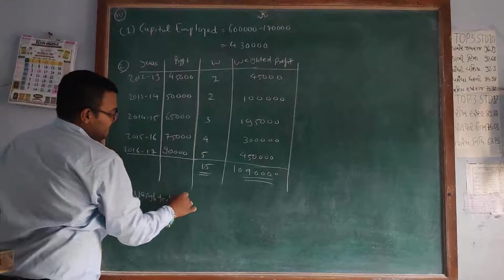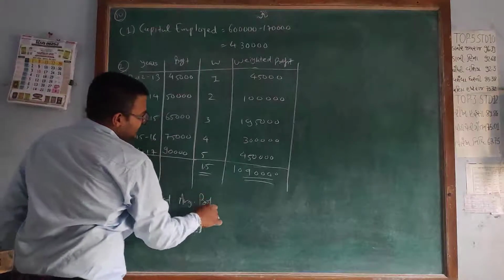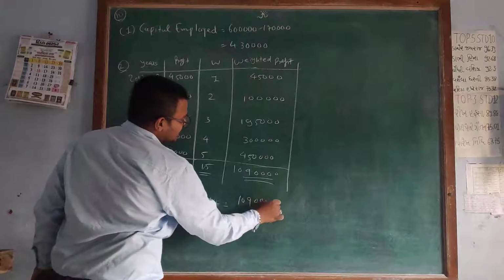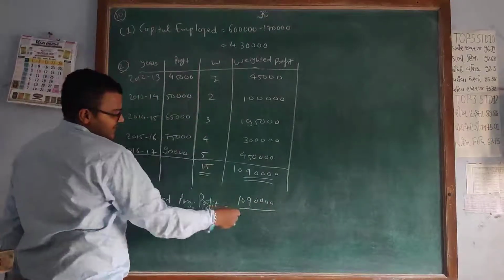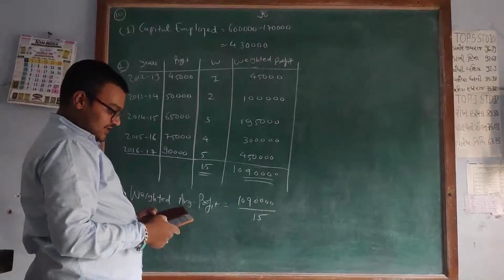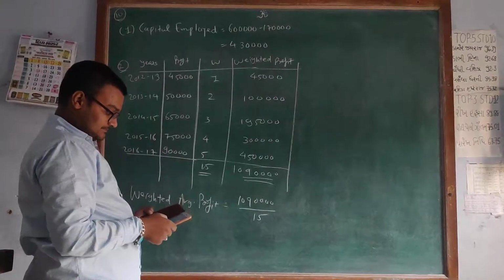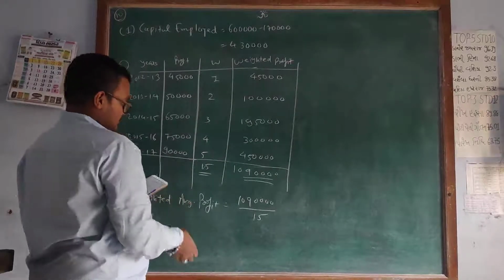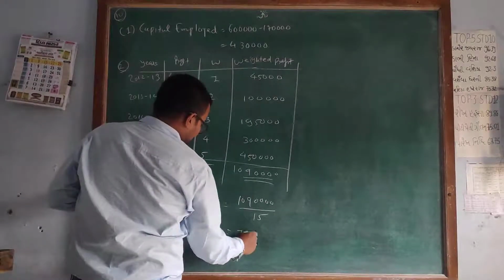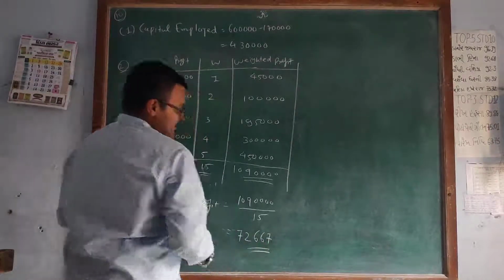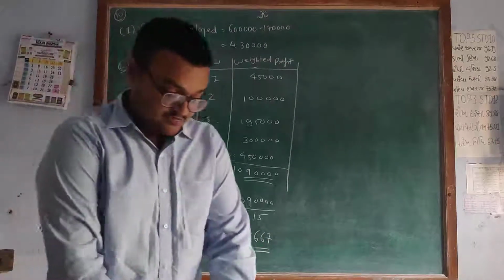Weighted average profit is equal to 10,90,000 divided by total weights 15. Total weights 15. So the answer is 72,667. That will be our weighted average profit.